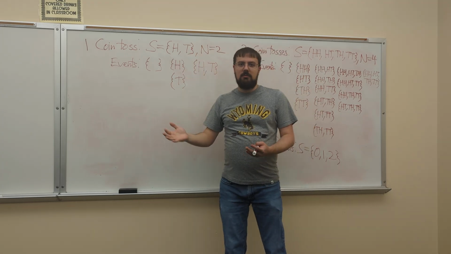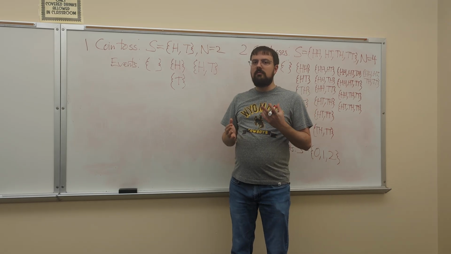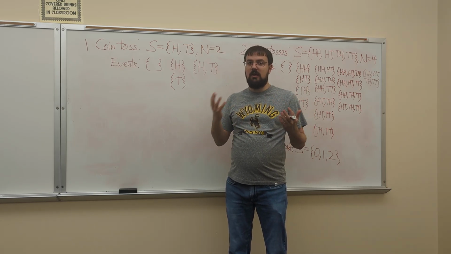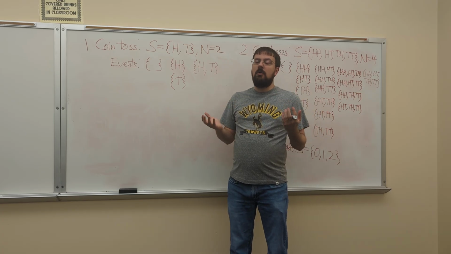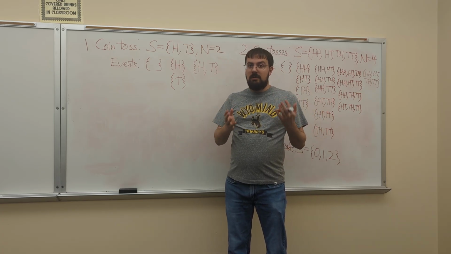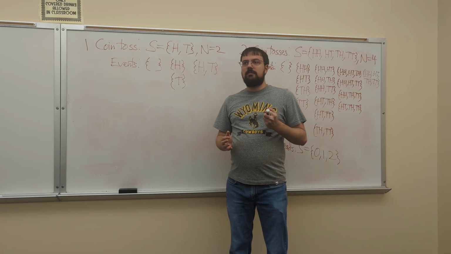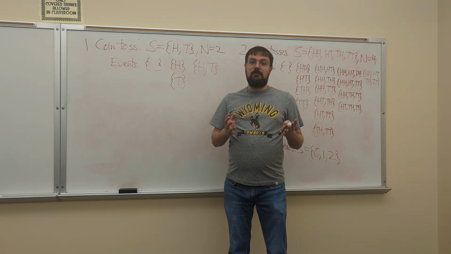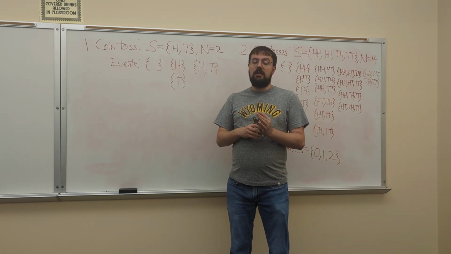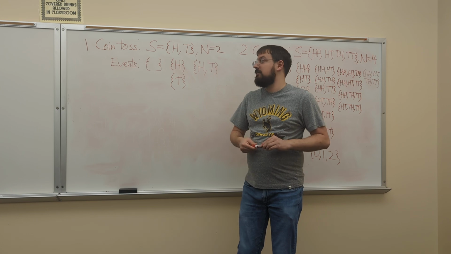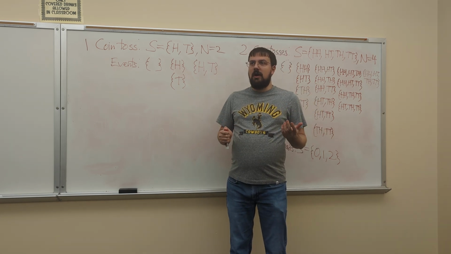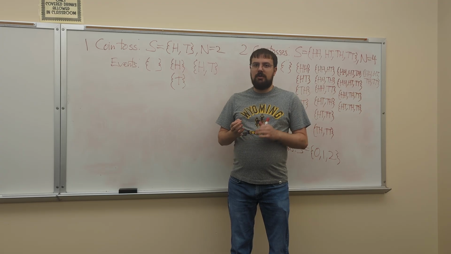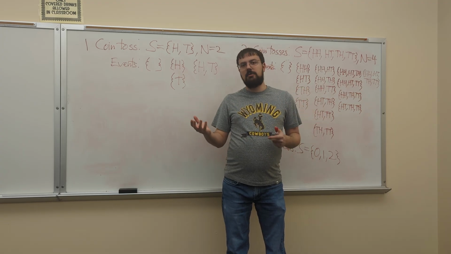In this case, when we're doing a coin toss, both heads and tails are equally likely, so they both have the same probability of 1/2 or 50%. Keep in mind that that's not necessarily going to be the case for all random experiments. So we might have a random experiment where the probabilities are 75% and 25%.